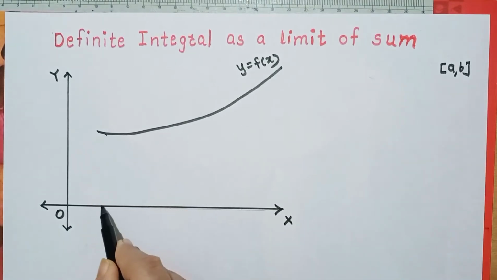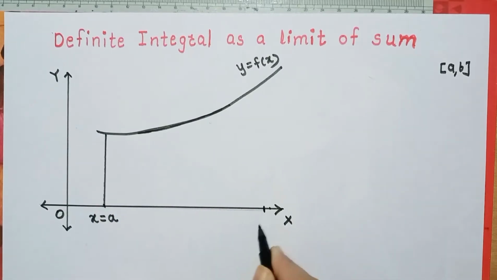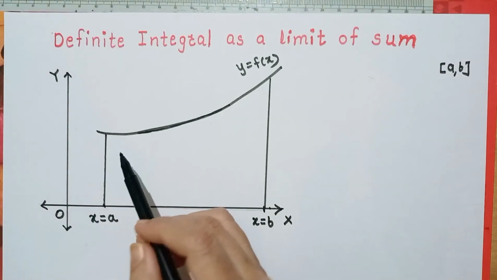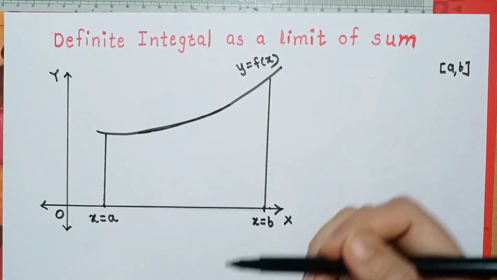Again here we will consider this first point x is equal to a. We will draw this line, and here we will consider the point x is equal to b. Again draw this line, and we know that definite integration means area under the curve.